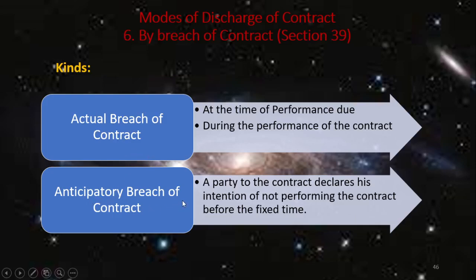In case of anticipatory breach of contract, any one of the parties to the contract declares in advance his intention of not performing a contract. In such a situation, we are going to call it anticipatory breach of contract. So that is all regarding breach of contract. We are going to learn this breach of contract in detail in the next class.